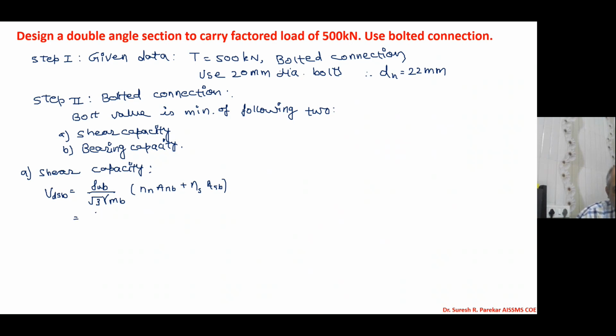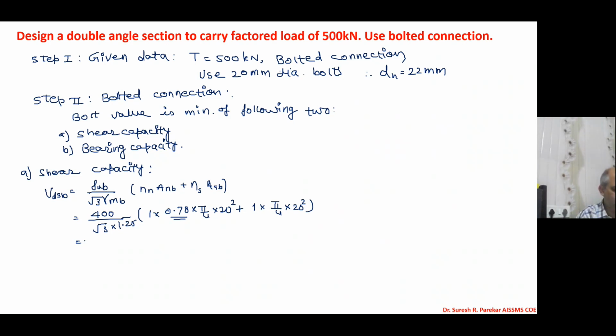Now we have to put in direct values in the examination. Root 3 into 1.25 in bracket, 1 into ANB, we have 0.78 into pi by 4 into 20 square, plus 1 into pi by 4 into 20 square. We have 0.78 due to area reduced at threads, and therefore we have taken this value.